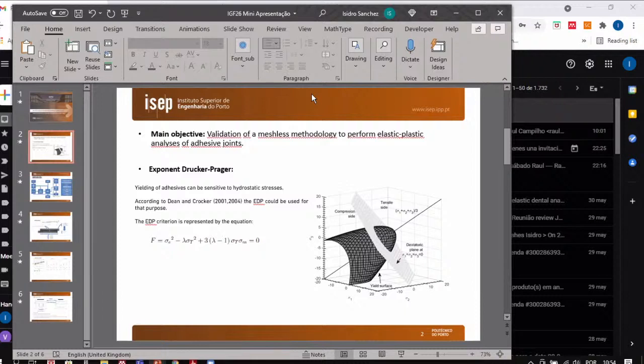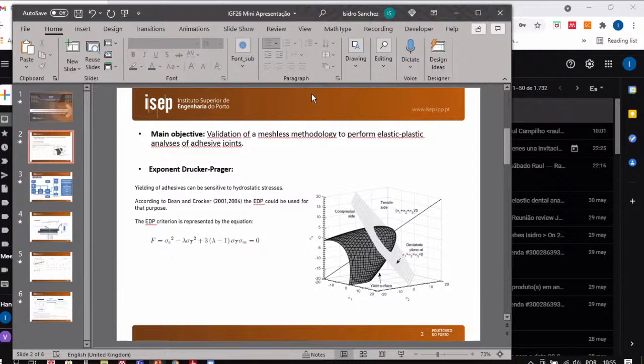Anyway, the difference between the von Mises yield criterion, which is ubiquitous, and the exponent Drucker-Prager is that the exponent Drucker-Prager takes into account the compression of the adhesive during the load, and therefore, being sensitive to the hydrostatic pressure, the model takes into account the modification of the yield point.